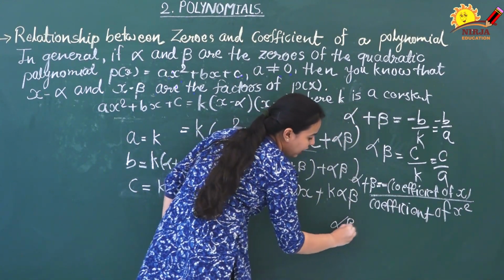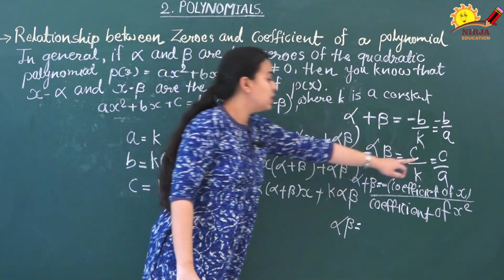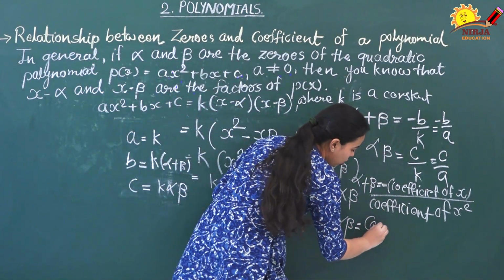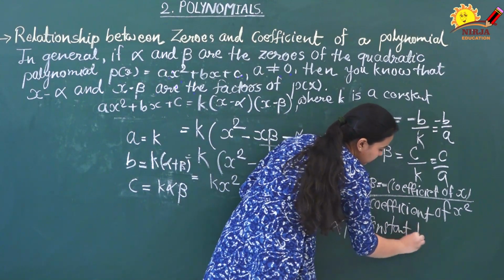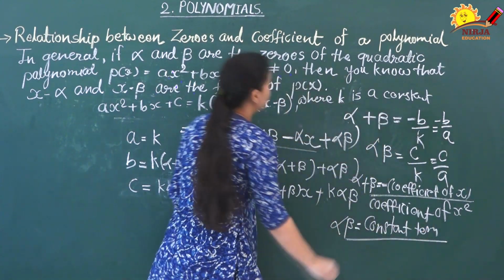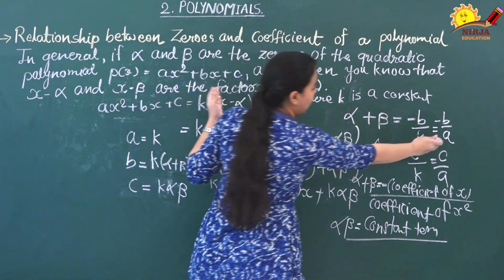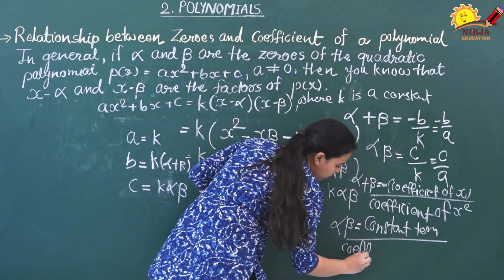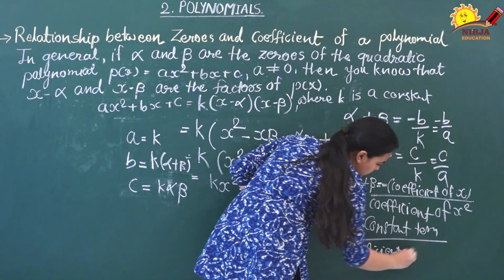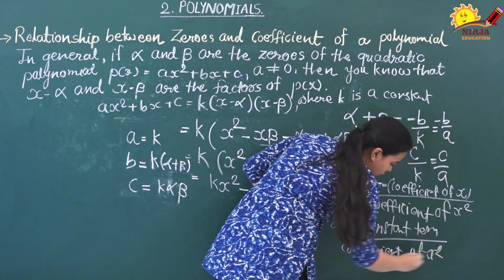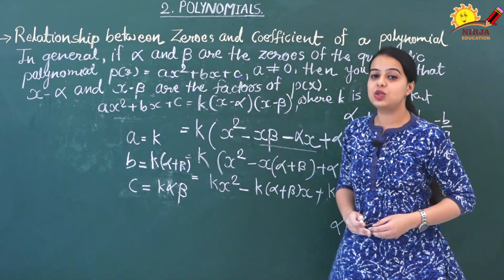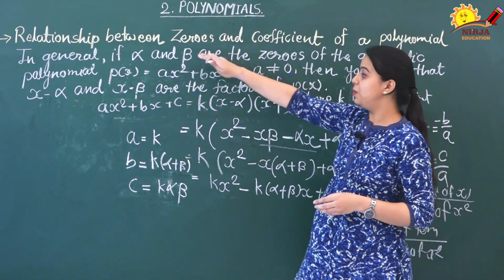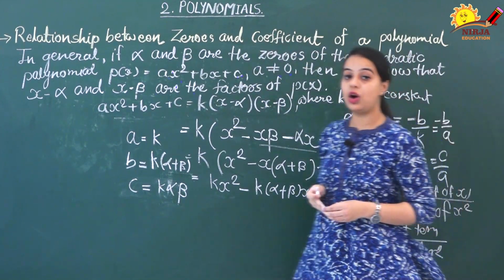For alpha into beta we can write c, and c is the constant term over here. So in place of c we can write constant term, and in place of a we can write coefficient of x square.